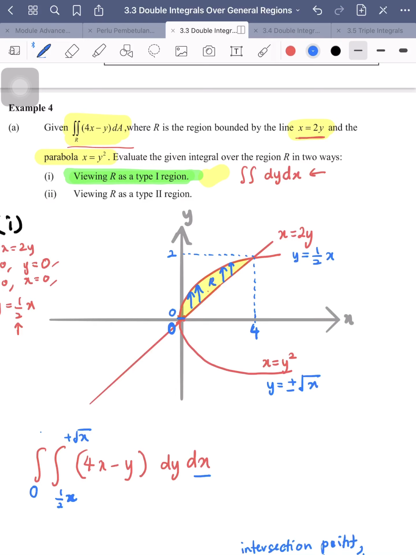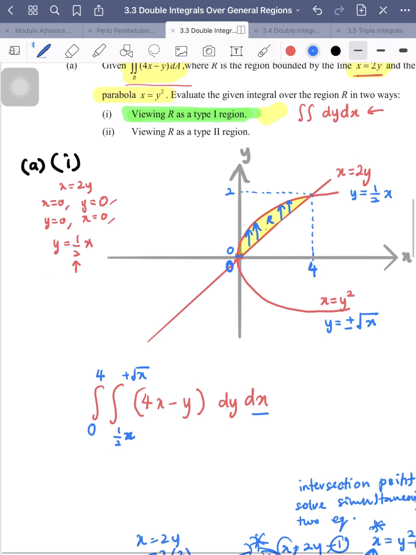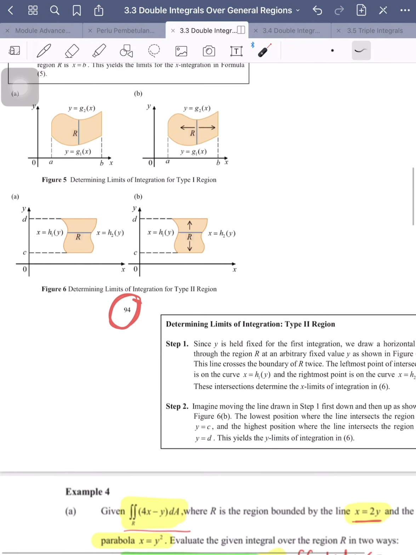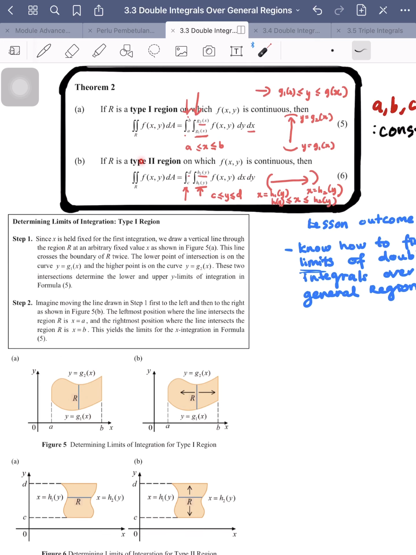This limit represents your region R, because as mentioned in the theorem, your region is the limit. So limits are your region and your region is your limit.